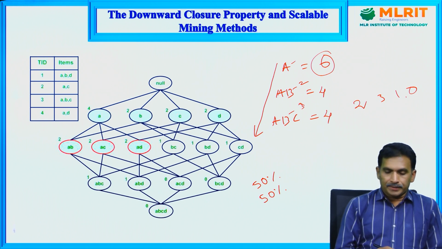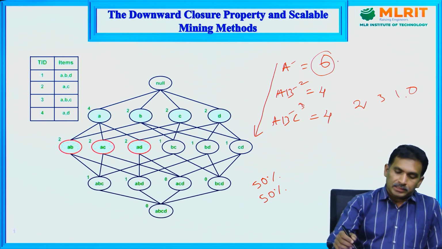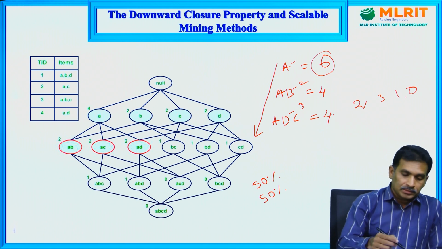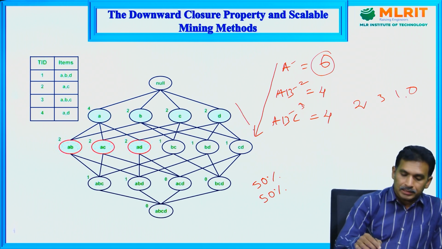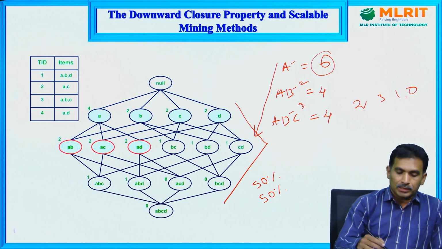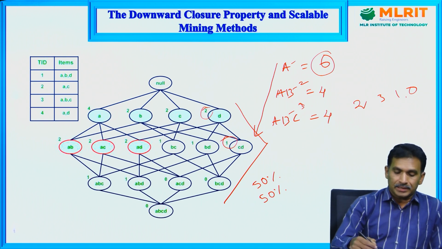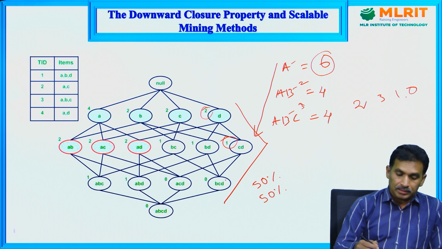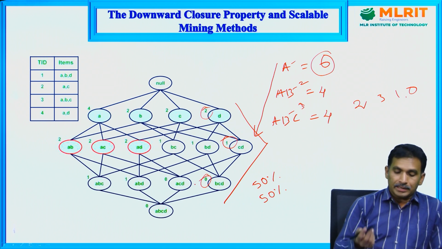This property goes with an increasing level. You can see here the support value: D's frequency is 2 and CD's frequency is 1, so it has decreased. And CD and its superset is 0, again decreased.